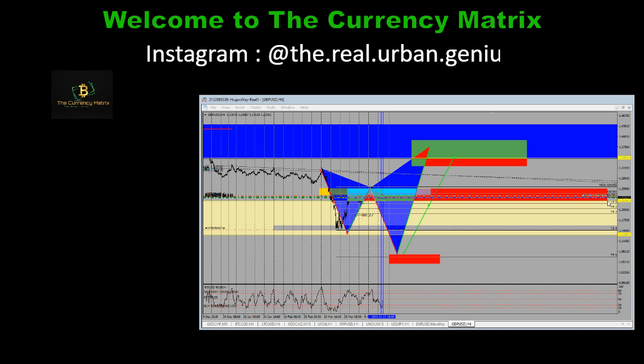So that would, in my opinion, take pound from here to here, back up here, back down here, and then back up here again.